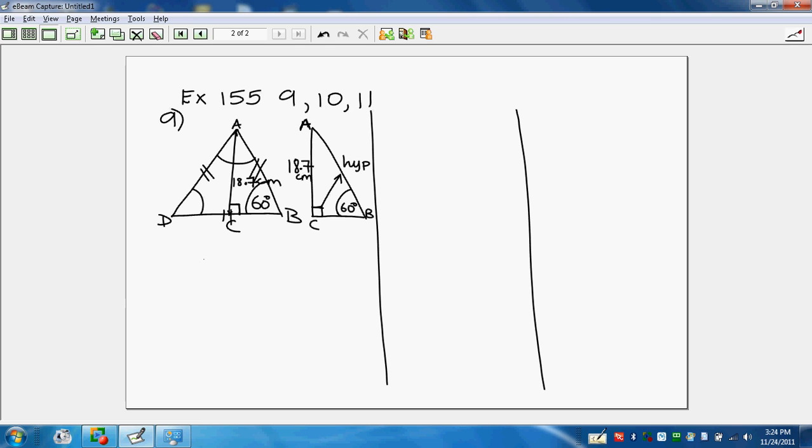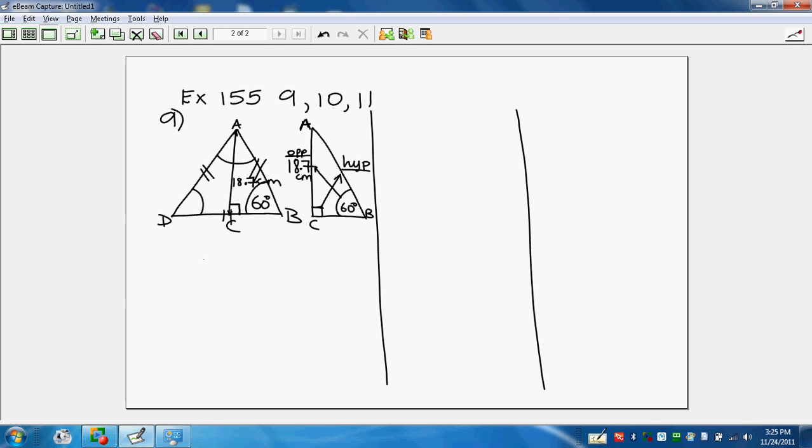What we have is a side that is opposite to the angle that we are considering, which is the 60 degrees. And therefore this side here, AC, is the opposite side. So we ask ourselves, what connects what we want to find, which is AB, or the hypotenuse, to what we have already, which is the opposite and has a value of 18.7 centimeters.